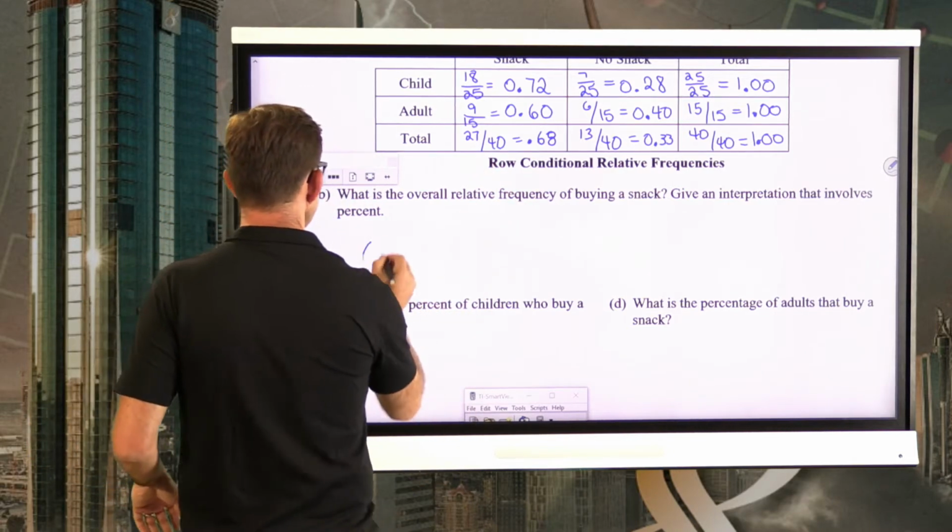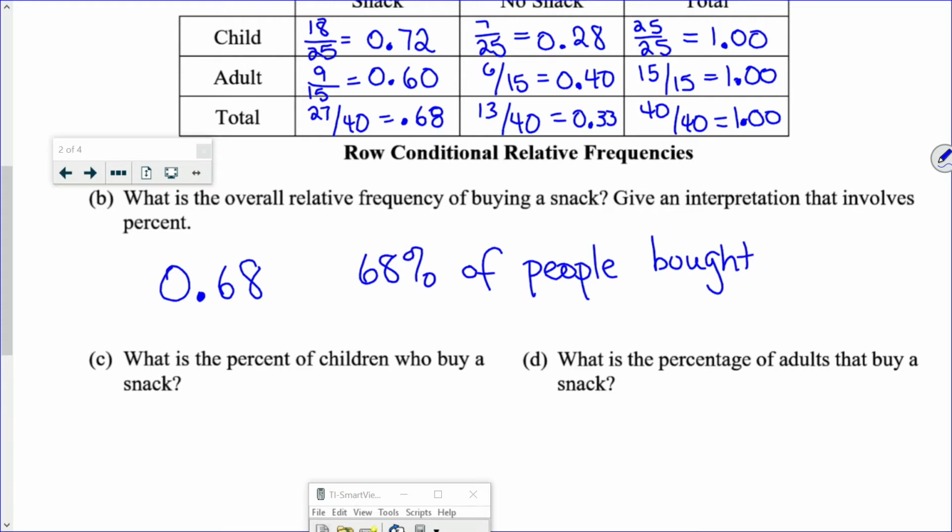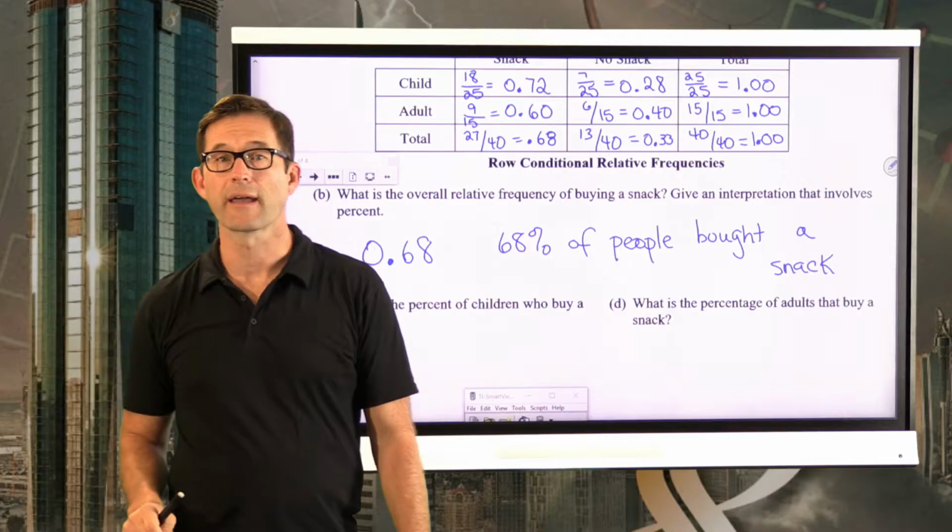So that was 0.68. And what that means is that 68% of people bought a snack.